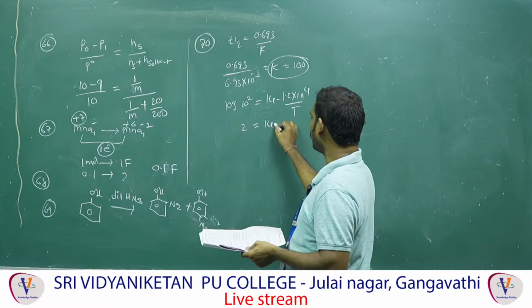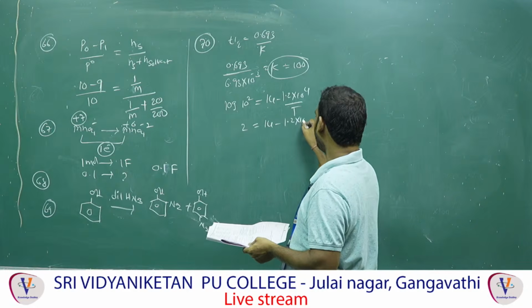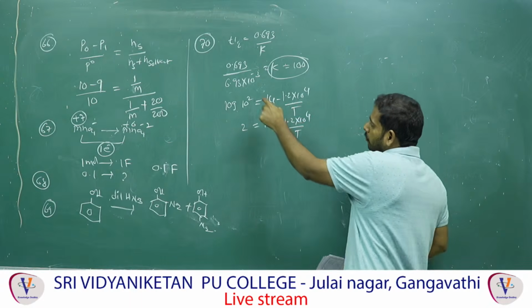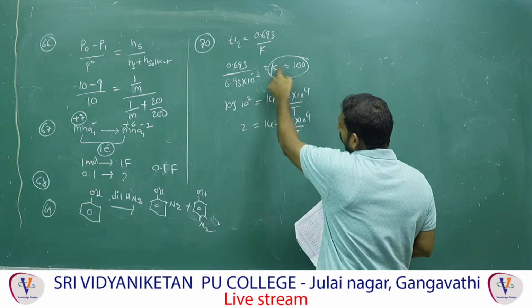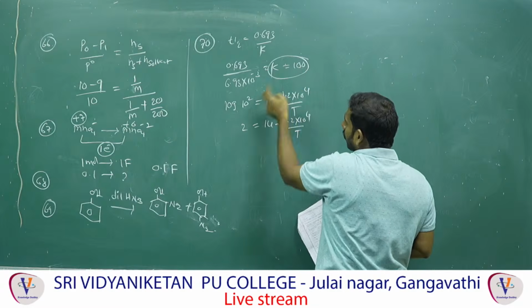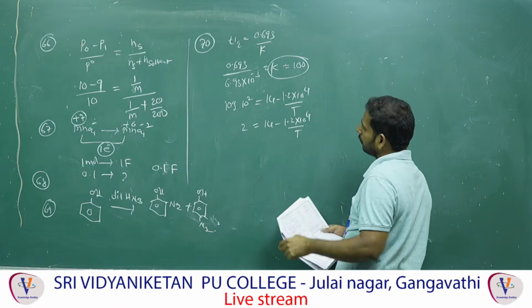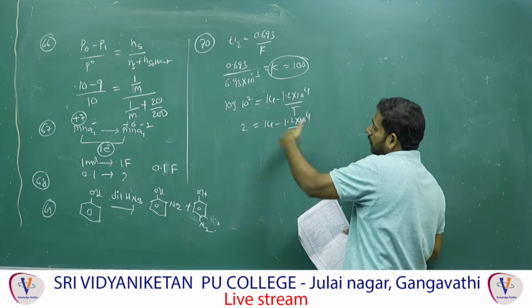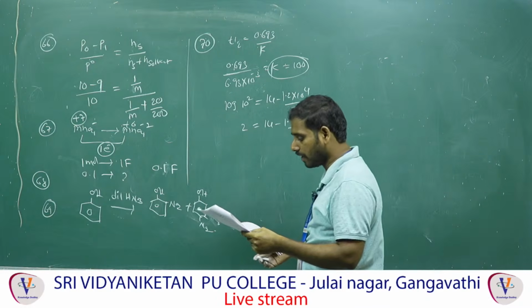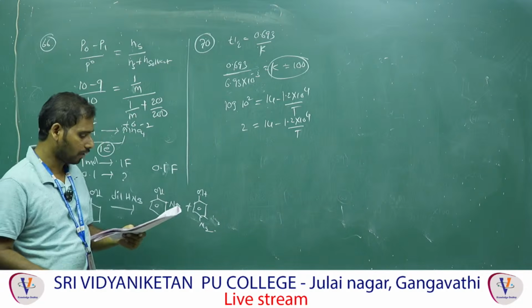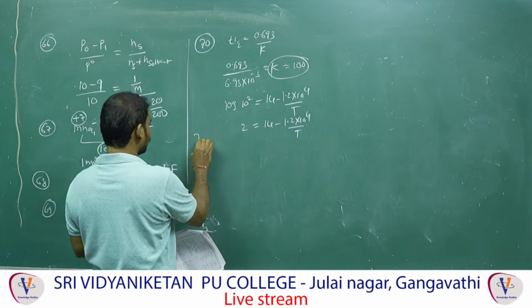So 2 equals 14 minus 1.2 into 10 power 4 by T. So first we have to find K, and K is found by using half-life. That K value is substituted in the given equation, then I want T, the temperature. Solve this equation and we will get the temperature. The temperature value is 1000 Kelvin. Next, 71, 72 are easy, direct questions.